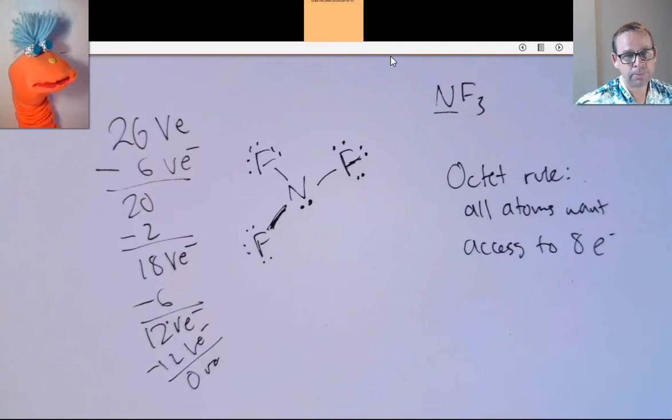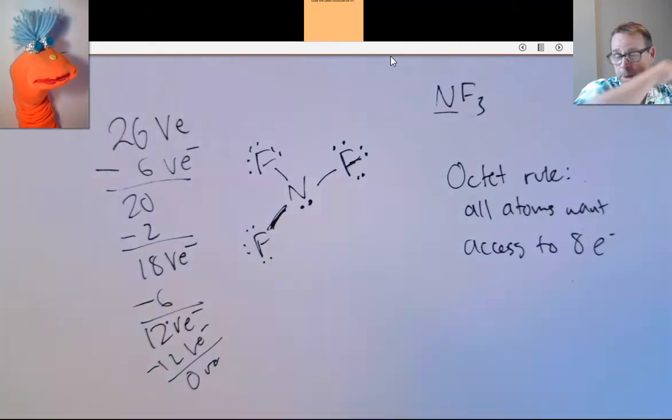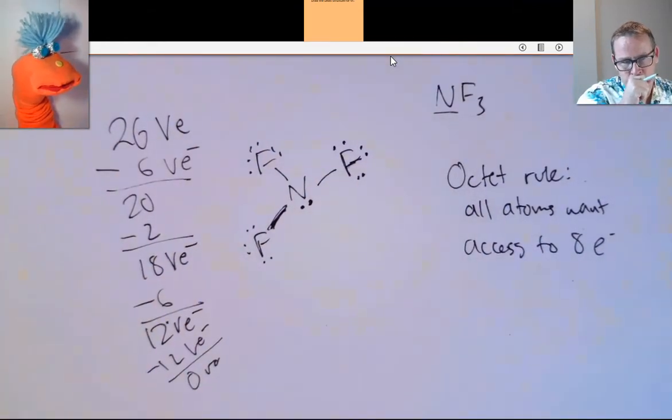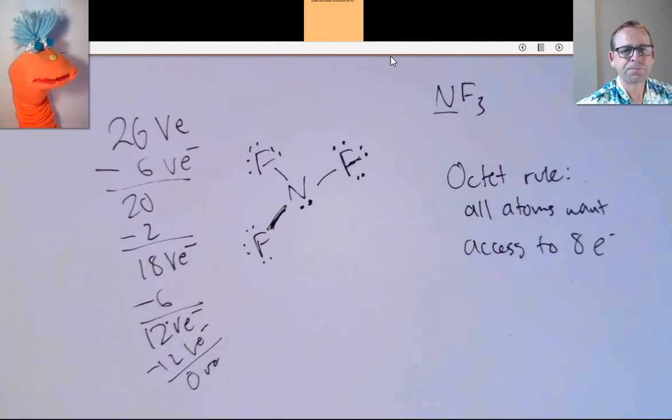Okay. Now, that's half the ball game, or maybe 3/4 of it. But the next step is to determine whether the structure we drew is legit, whether it really makes sense. And what that means is we look at how many electrons each atom has right around it. Not access to it, but right around it. What's the difference? Well, that's a good question.